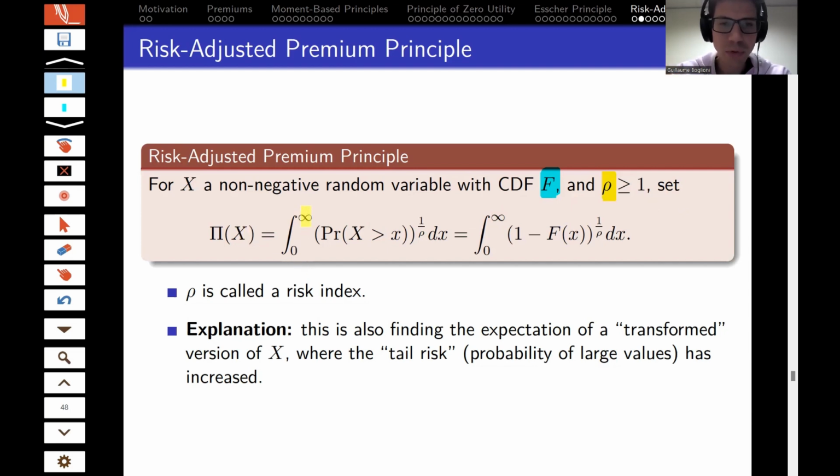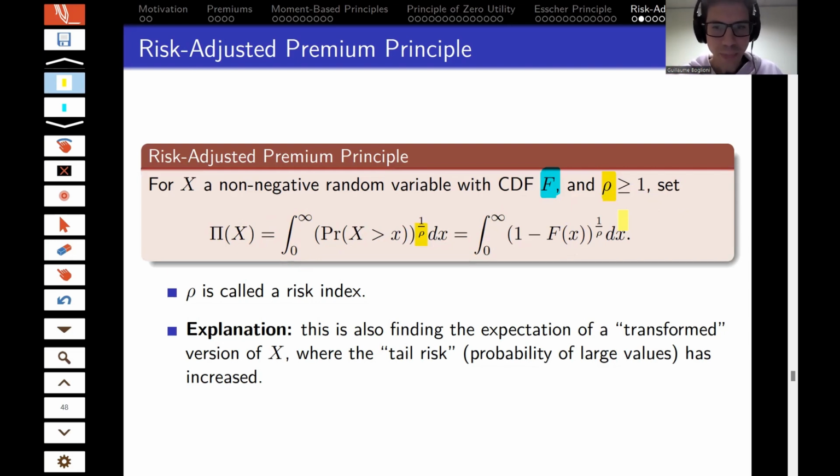Take the integral from 0 to infinity of the probability that X exceeds little x, but this probability is to the power of 1 over rho. It's the integral for all x. Now notice, this probability that X is bigger than little x is just the survival function, 1 minus the CDF. That's how you set the premium. Now, why does it make sense?